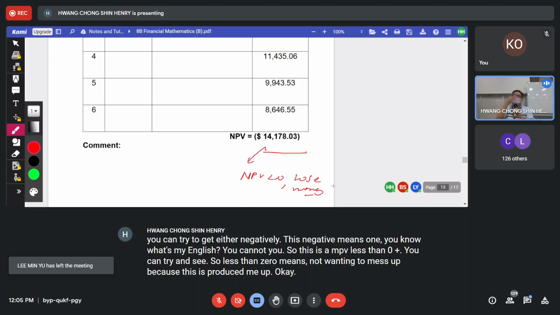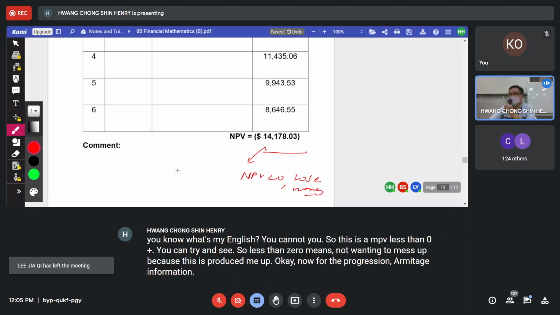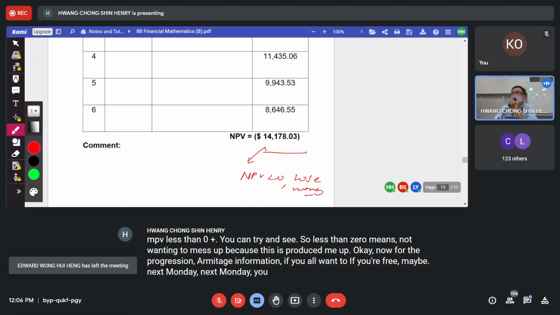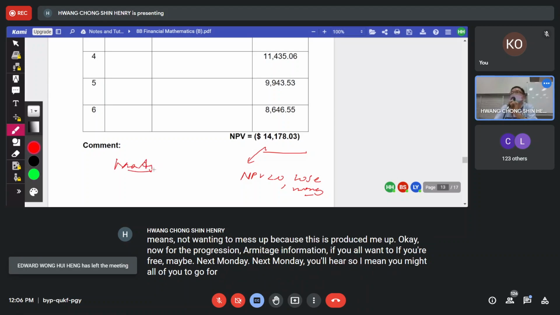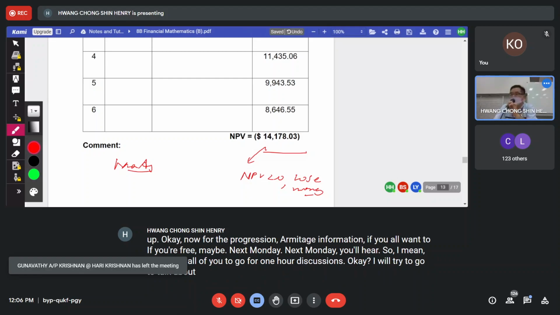Okay, now for the progression, unlimited and cumulative progressions, if you all want to, if you're free, I maybe can do it like next Monday. Next Monday you're free, right? No more class, right? So I may invite all of you to go for 1 hour discussions. Okay, I will try to discuss about the progression with you all.